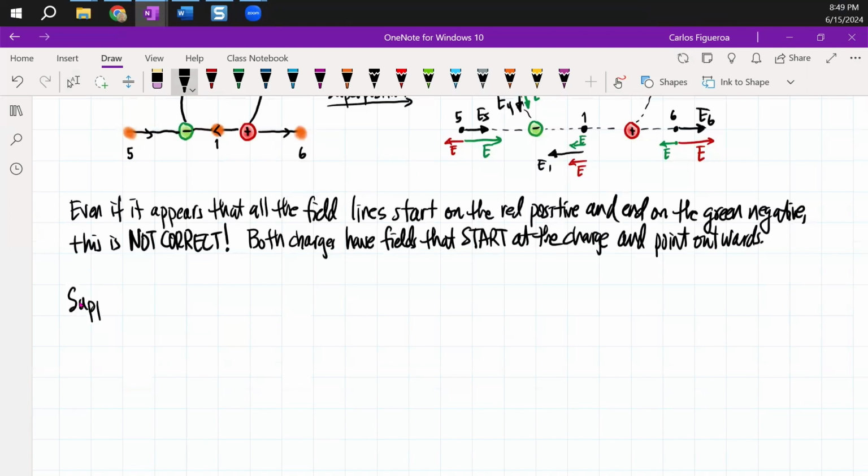Suppose we draw two like charges interacting.